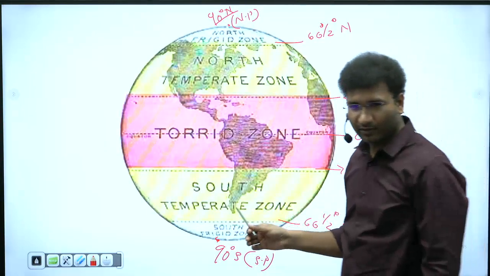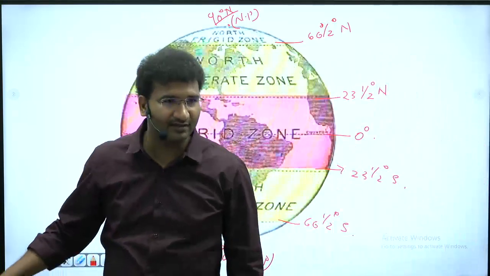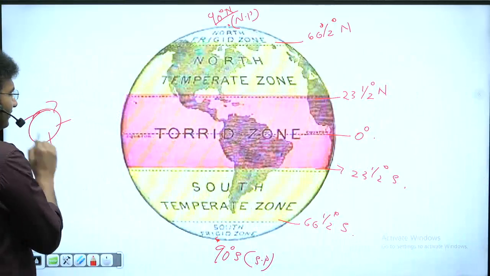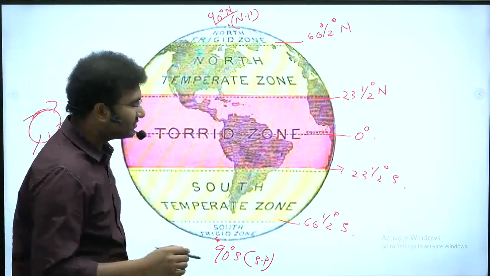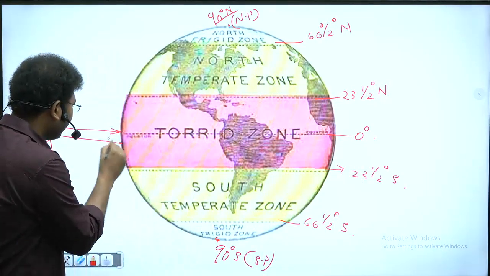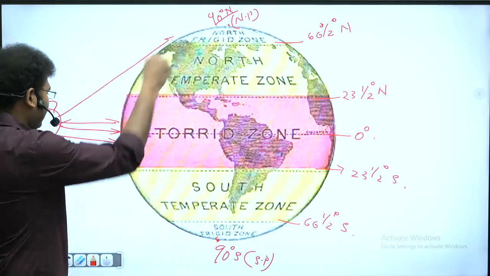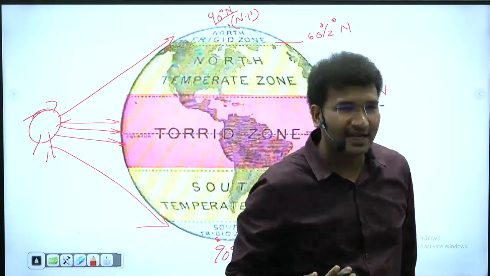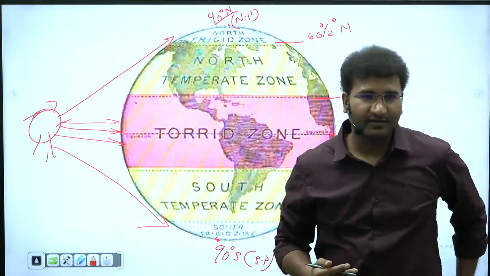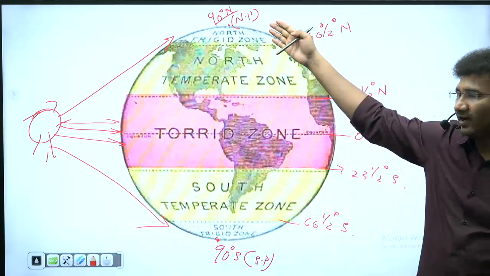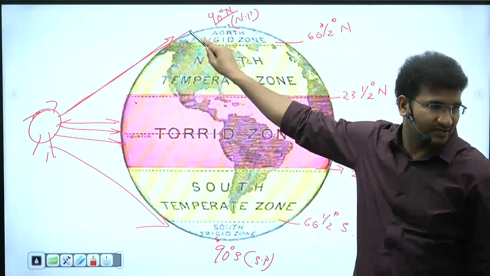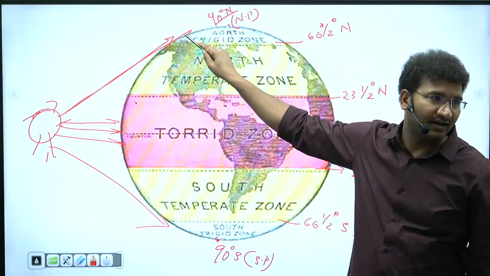We will learn a lot about it and simply understand one thing: if this is the sun and any sun rays, they can directly fall on this place, but to reach these places, the sun rays have to travel in a slanting way. Okay? Why is it so much cold in the polar region? It is because, look at these rays. The rays have to travel longer distances and they will fall at an angle.